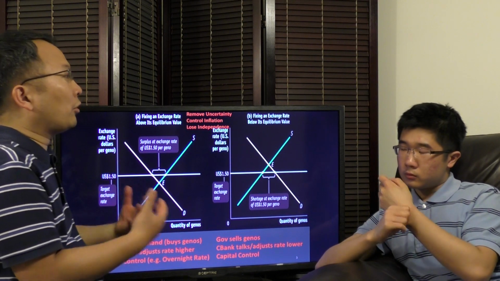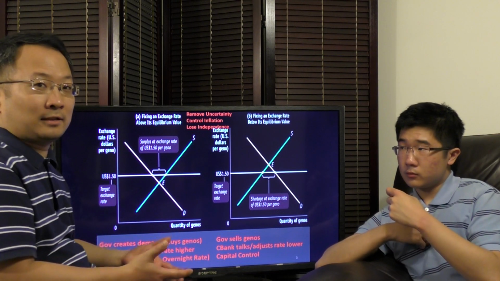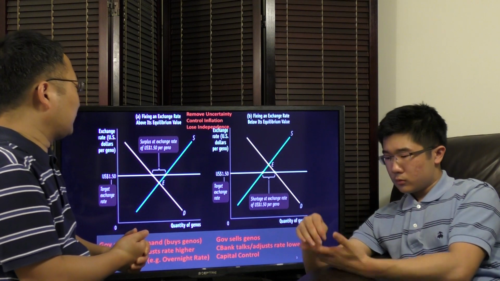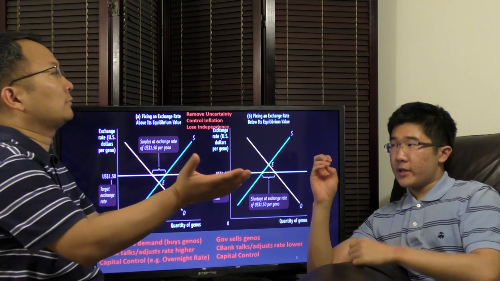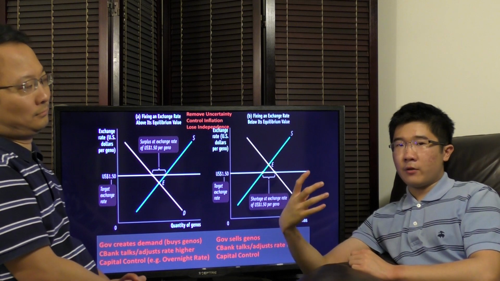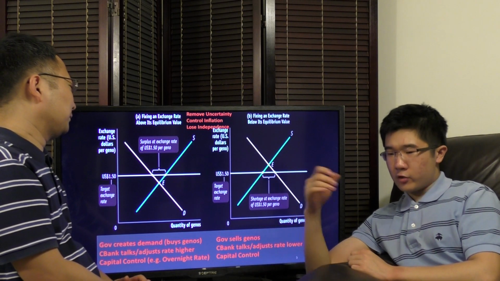But if borrowing the geno to short sell the geno currency is so expensive, it makes the transaction so expensive, then a lot of speculators will get out. They can limit or even eliminate virtually some financial transactions that would impact the exchange rate for the geno.